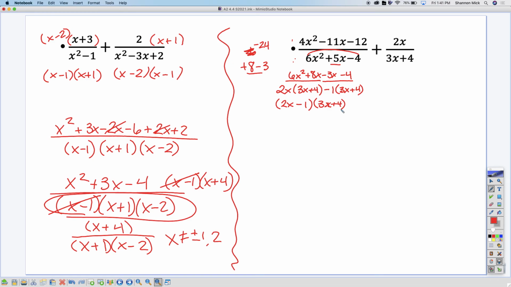So now I have this and this. Do I have a common factor between the two of them? Yes. Okay, so my common factor between the two of them is 3x plus 4. And the other factor I have to bring is 2x minus 1. Now, this left fraction, rational expression, do I have to multiply it by anything?